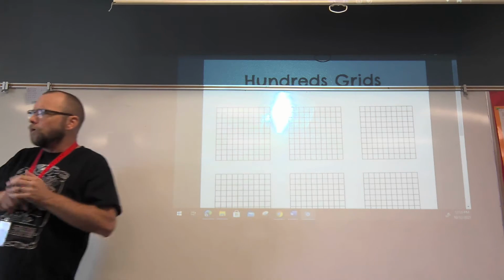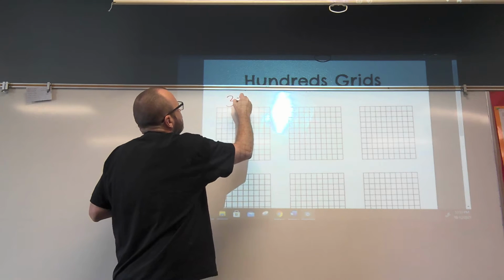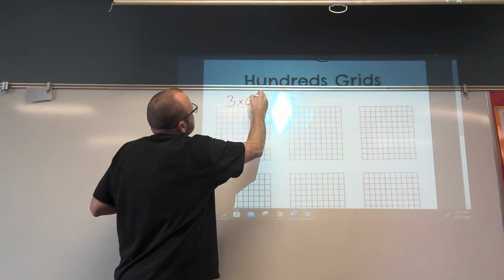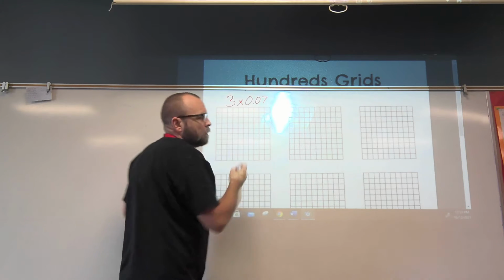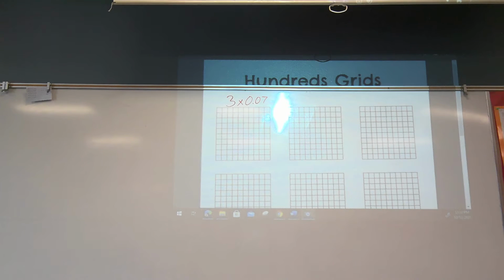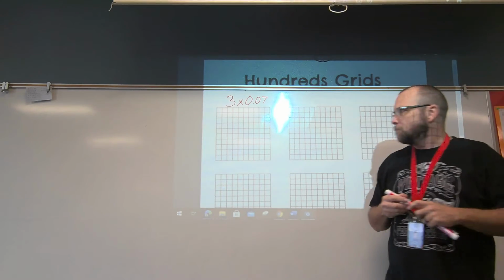Now, you've already previously been taught if we did 3 times 7/100ths, you've been taught how to use a model for that. That just tells you that you're coloring in 7/100ths 3 different times.